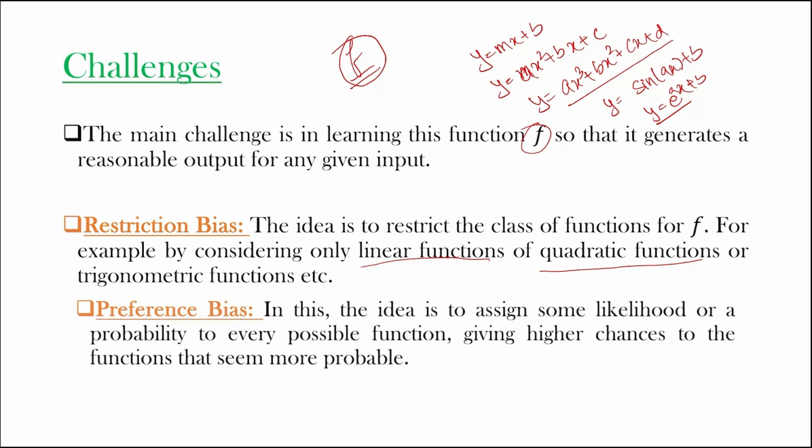In the case of restriction bias, the challenge is this: in the house price versus house size data set, it was one-dimensional data, so I could easily plot it on a graph and see how the scatter plot looks, and I could initially guess that my function f could take this possible form.